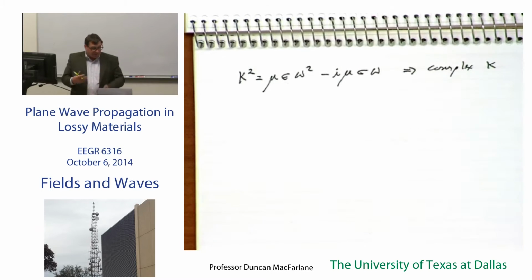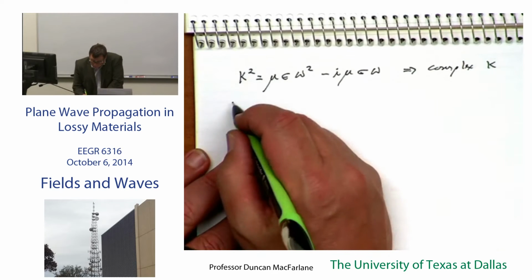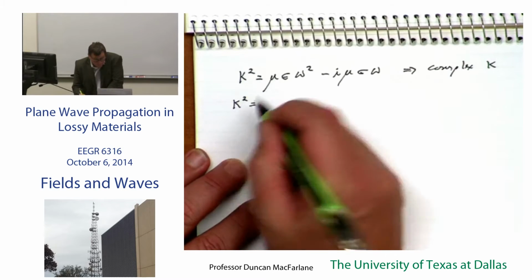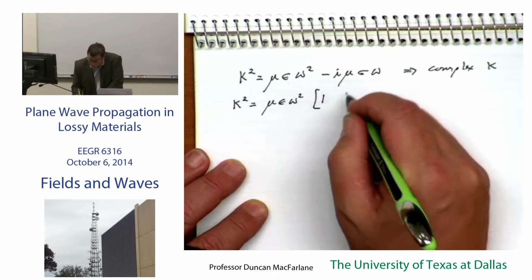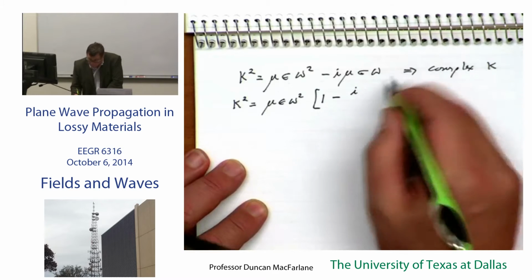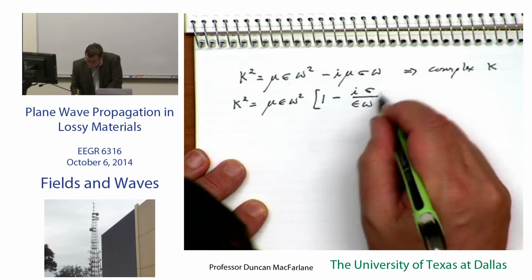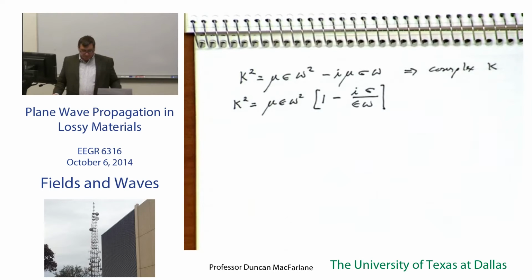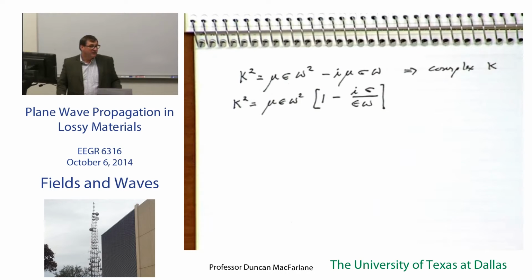So I'm going to rewrite this just a little bit to make it a little more malleable. So I'm going to reduce down to an equation that I had before, plus an additional term that's well identified.